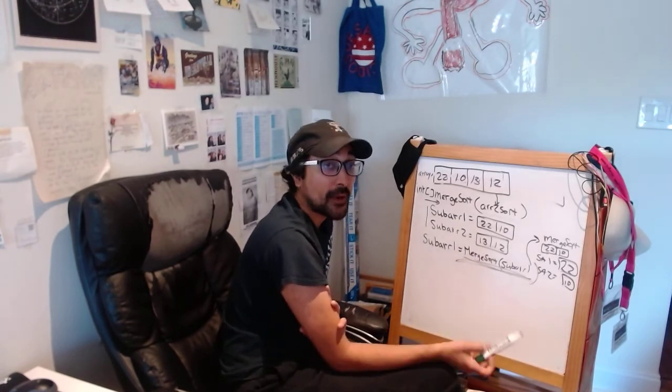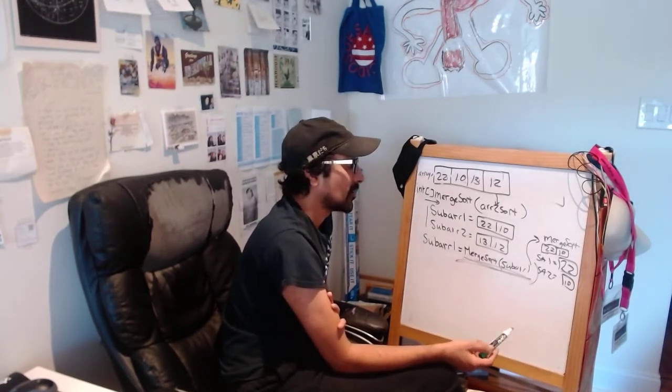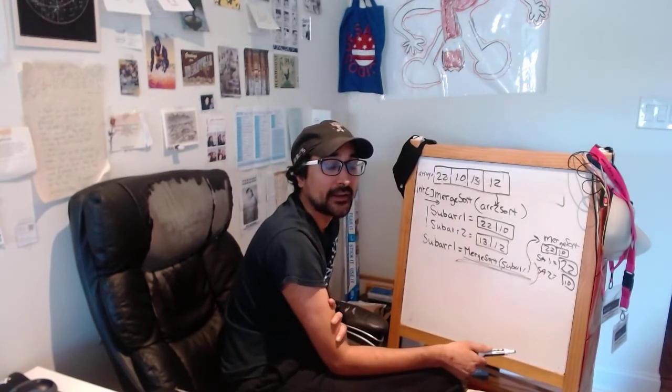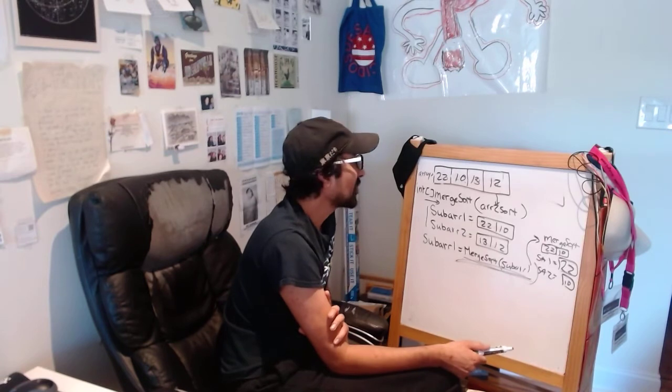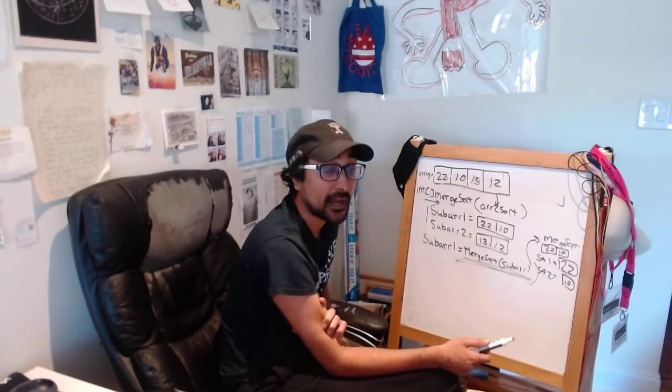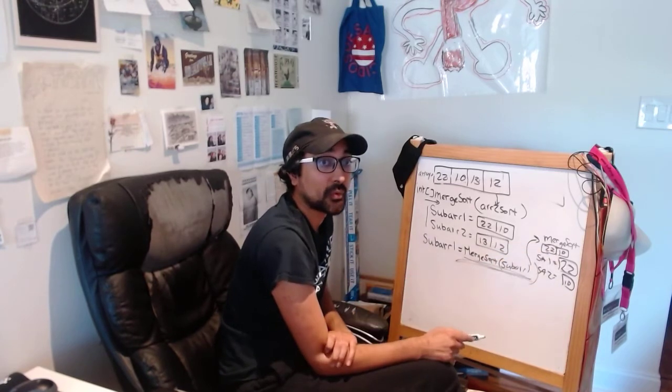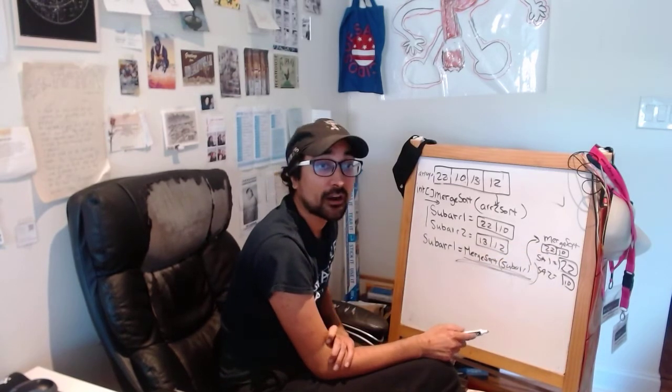Now, there's a problem here, and that is, if we try to split apart something that's size 1, it's not going to work. So we have to have something called a base case that stops this recursion when we get to the place we want to get to, which is when these things are of size 1.